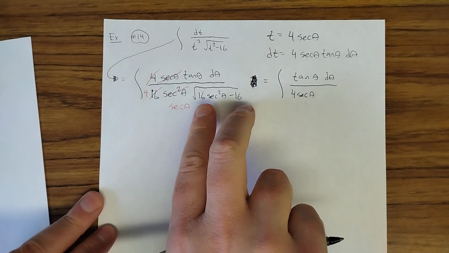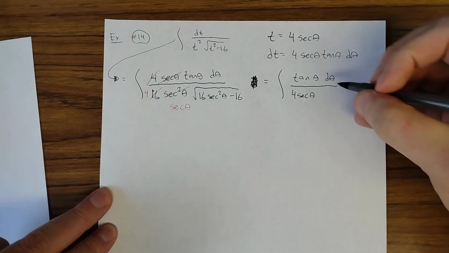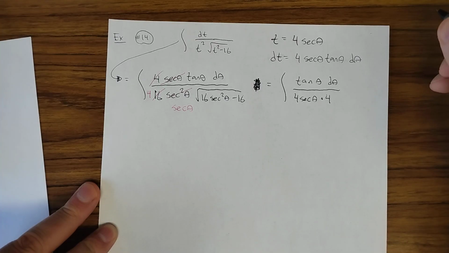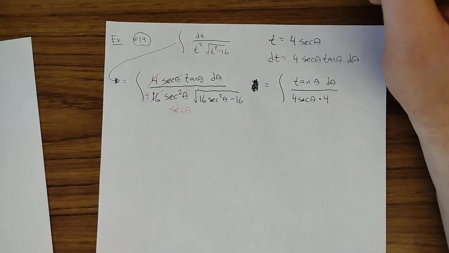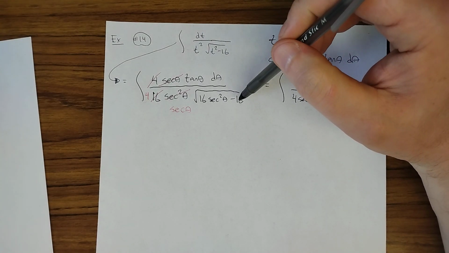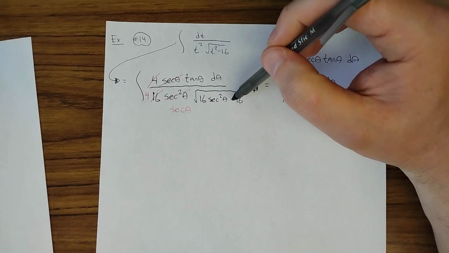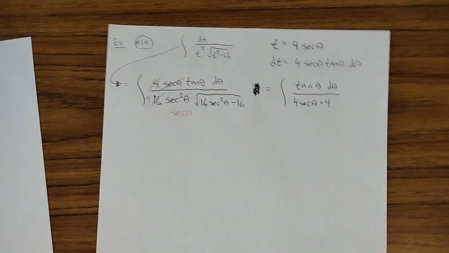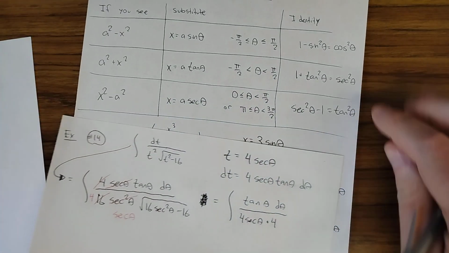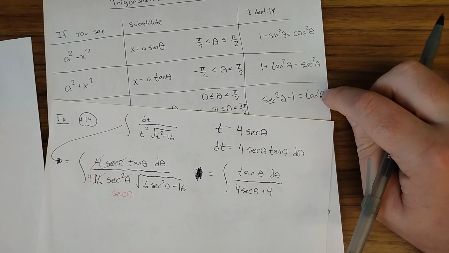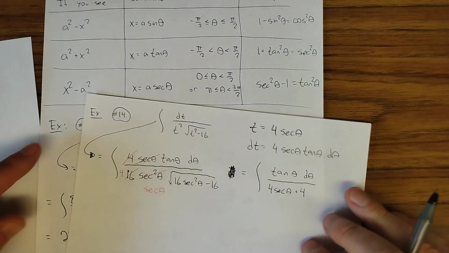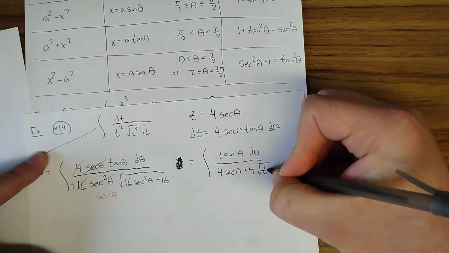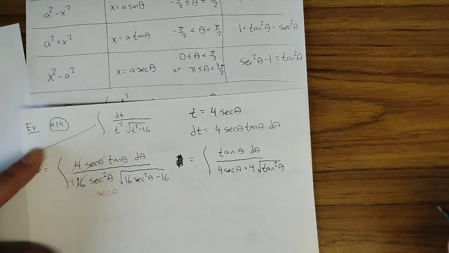And, okay, I want to pull the 16 out. And once I pull it outside of the square root, it just becomes a 4. And let me try to do this a little bit faster. Once I pull that 16 out, what I've got in there is a secant squared minus 1, which is tan squared. So it's just that.